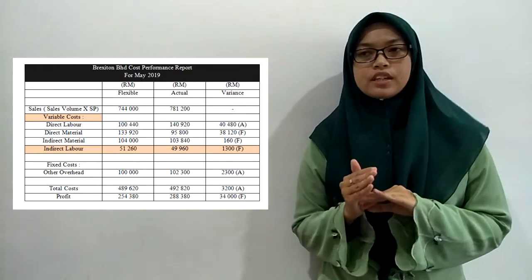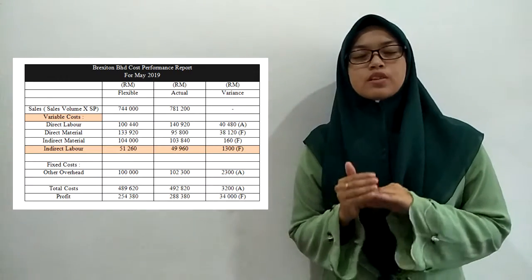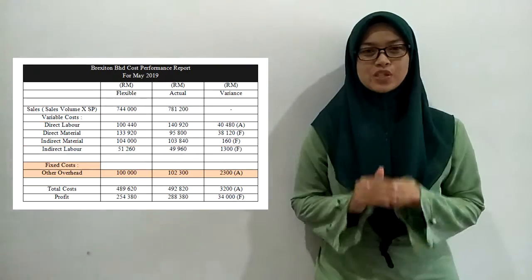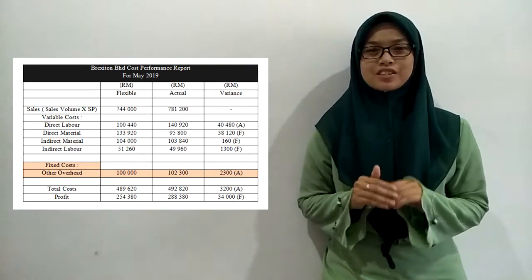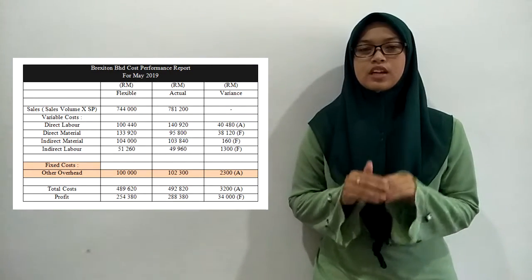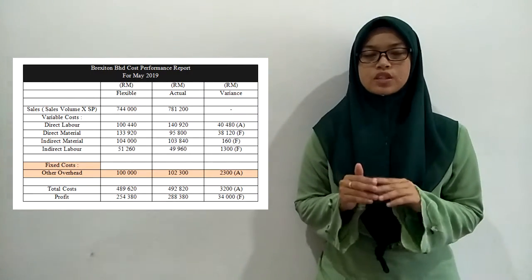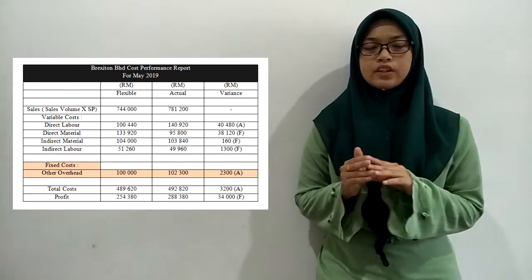Then for indirect labor, we got 51,260 ringgit. So for the fourth item, fixed cost, there is one fixed cost, which is other overhead. Fixed cost is constant, which is 100,000 for other overhead.